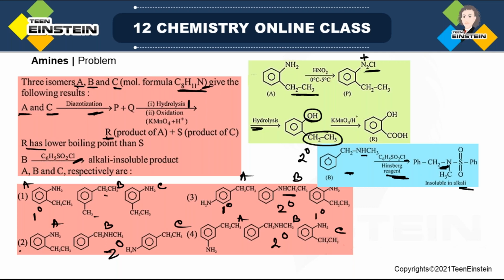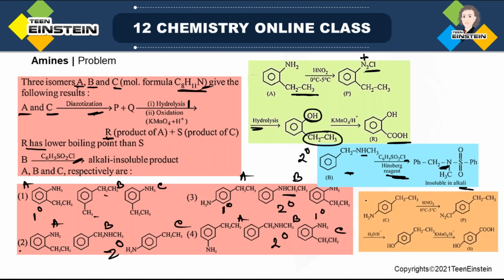So whatever the size of the alkyl group, whether it is ethyl, propyl, methyl, you will always end up with only 1 carbon, and that carbon is the CO2H carbon. So that is why we are finally getting OH and CO2H at 1 and 2 positions. Fine. Now in this case, if this alkyl group is present at the 4 position, the same thing will happen, but now the CO2H group will be at the 4 position with respect to OH. So this is another possibility.